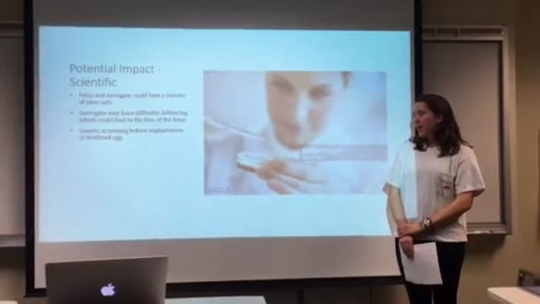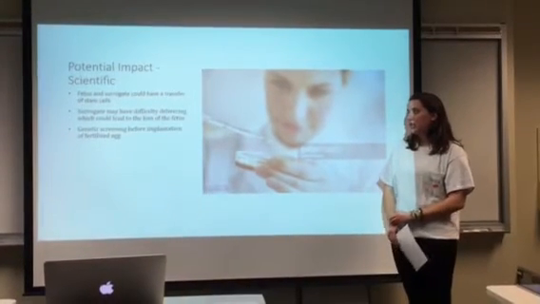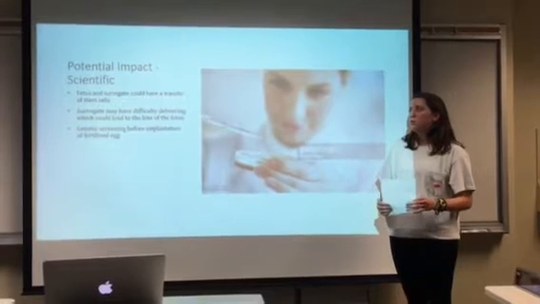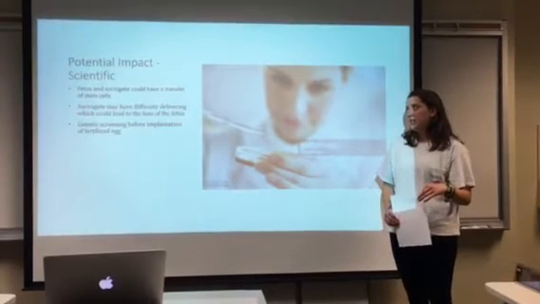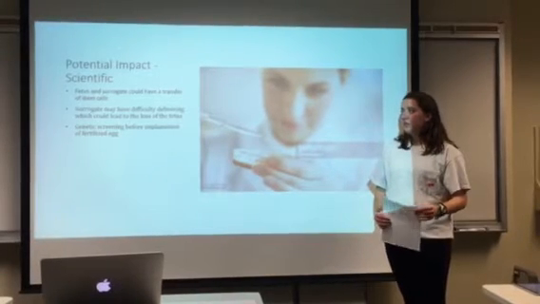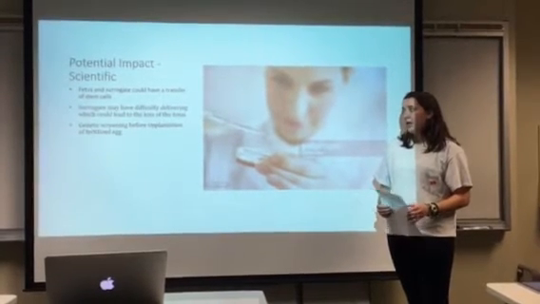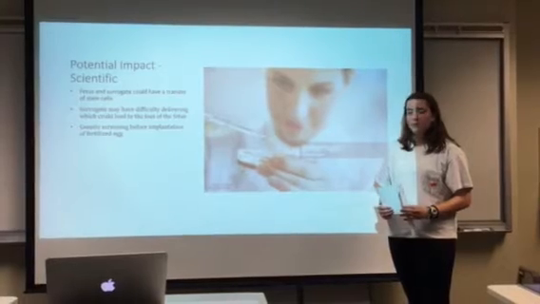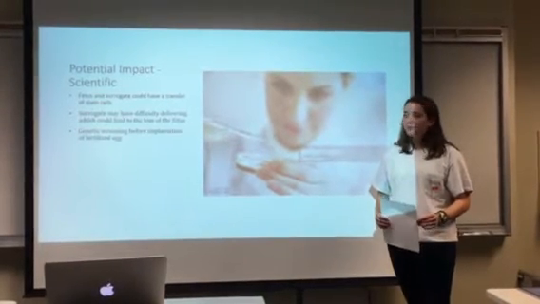And then the surrogate may have difficulty delivering, which could lead to the loss of the fetus, which starts out as a scientific impact and could follow as legal and ethical, because depending on what happens with the fetus legally.